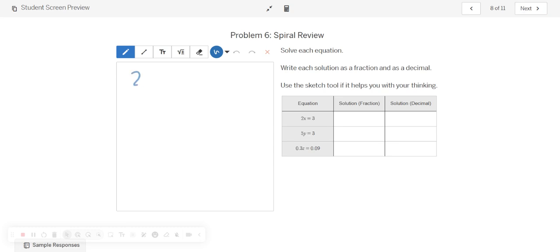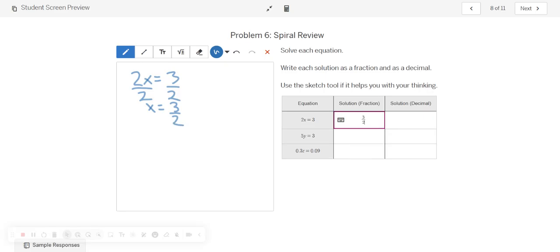So when you've got a situation like 2x = 3, to solve that, you just divide by 2. So if they ask me what that is as a fraction, it's just 3/2. What is that as a decimal? That's the same as 1.5. 5y = 3. These are situations where the fraction is actually way easier. I get that y = 3/5.